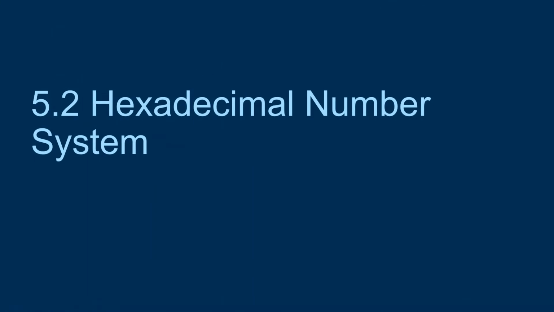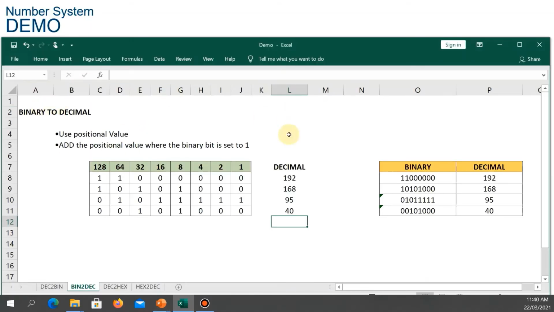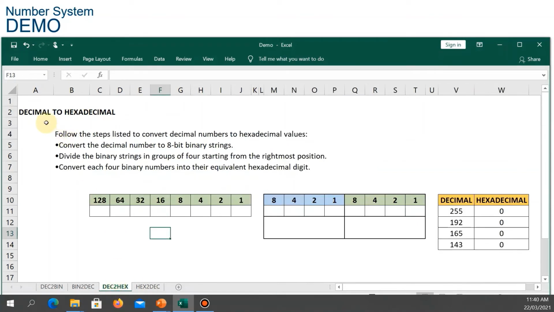Hexadecimal number system. All right, so let's have the next demo, which is decimal to hexadecimal. We need to follow the steps listed to convert decimal numbers to hexadecimal values.